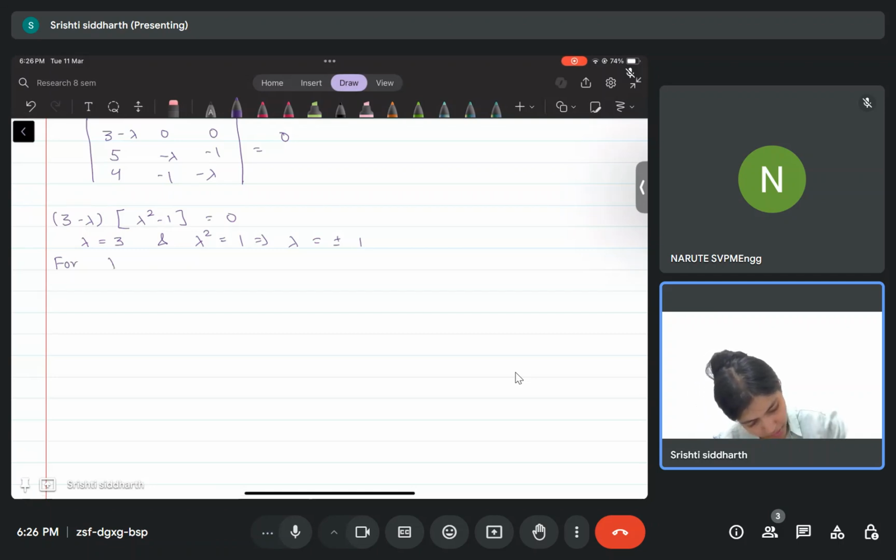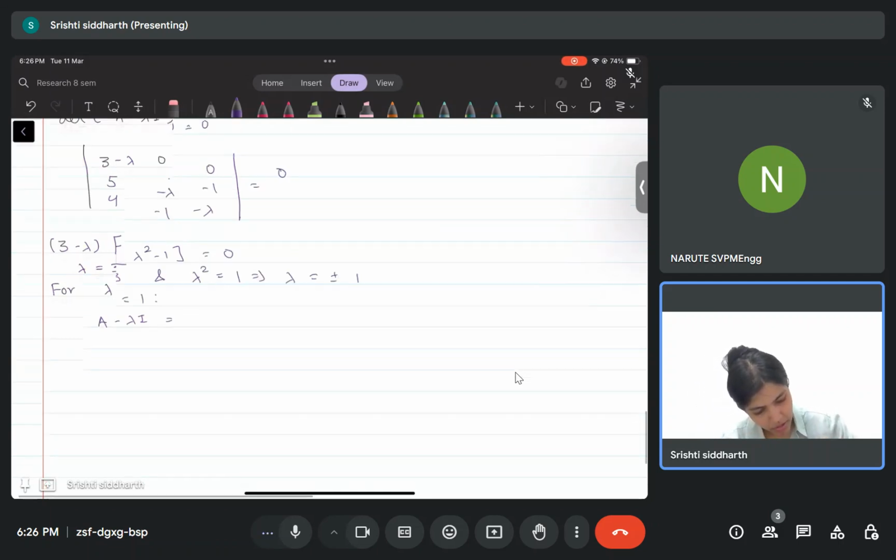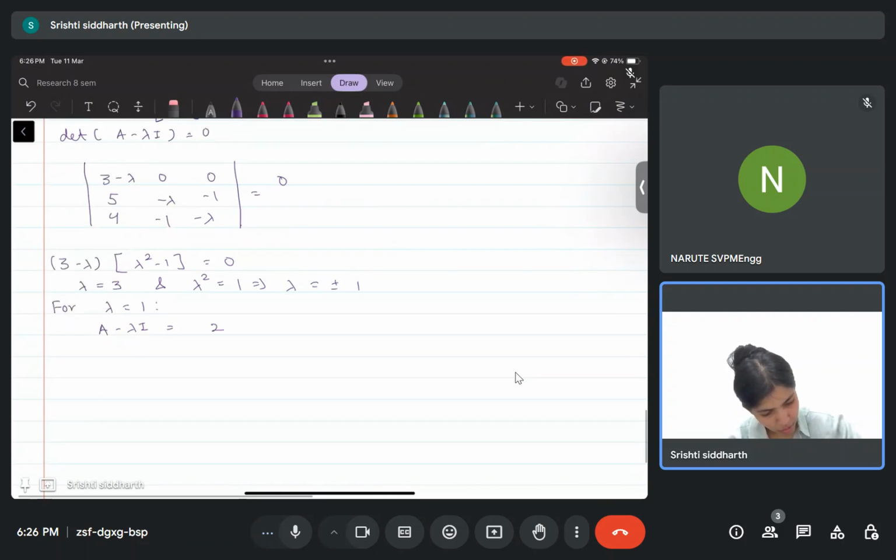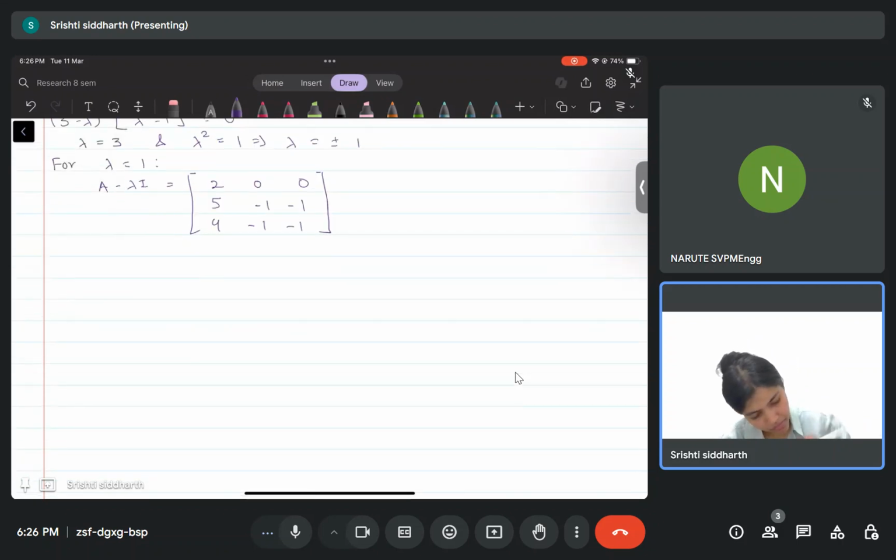So let's start. For lambda equals 1, A minus lambda I becomes [2, 0, 0; 5, -1, -1; 4, -1, -1], with C as the last row.